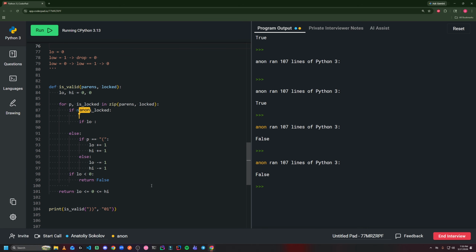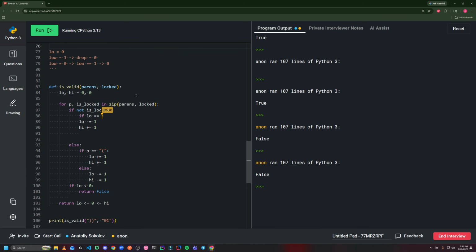Okay, so yeah, if it's unlocked, then I want to do like low gets decremented and high gets incremented, so we could choose either of them, unless this would cause low to drop below 0, then what do I want to say?